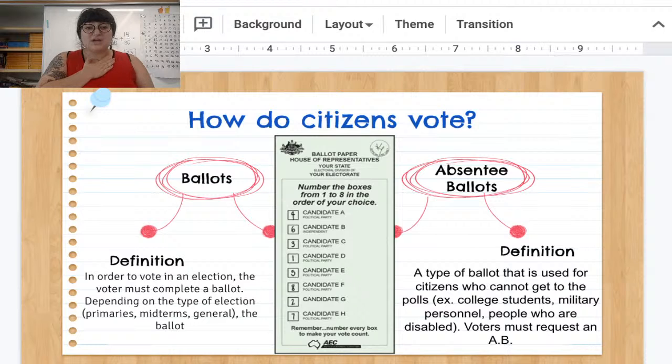So we've talked about how voting really fits into this core idea of democracy. And we know that the United States of America was founded on this premise of democracy.